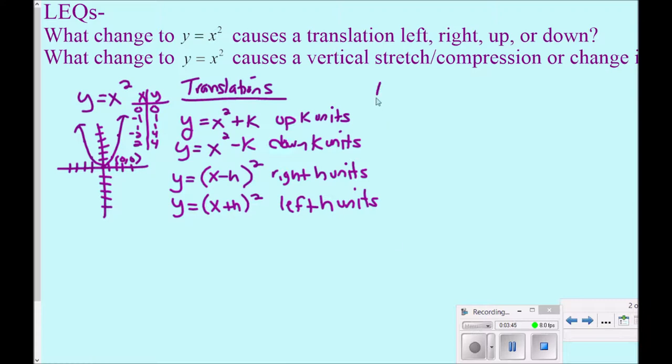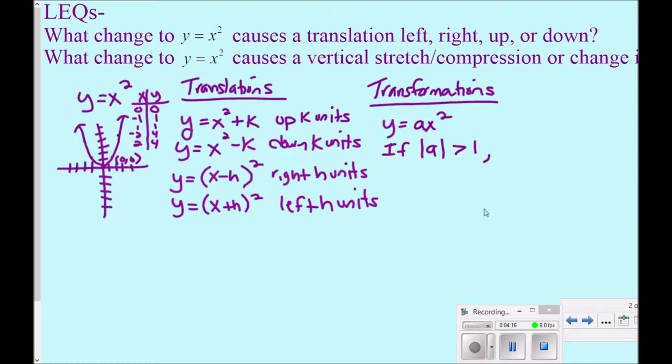So then we talked about the transformations, which are also very similar to absolute value graphs. I can have a vertical stretch or vertical compression, and I can have a change in orientation to negative. So if I look at y equals a x squared, some number in front of the x squared, if the absolute value of a is greater than 1, that's when we have a vertical stretch.